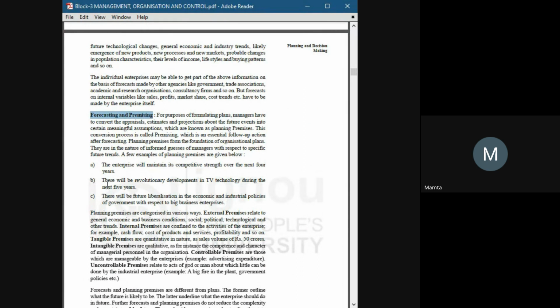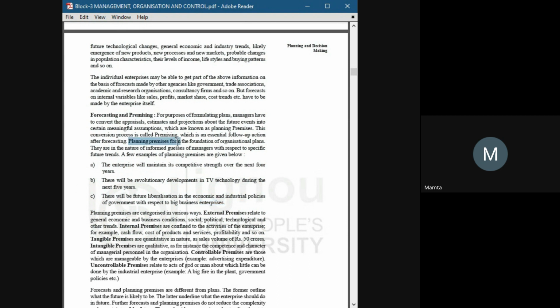There are some examples of planning premises, like: the enterprise will maintain its competitive strength over the next 4 years. There will be revolutionary development in TV technology during the next 5 years. There will be further liberalization in economic and industrial policy of government with respect to big business enterprises. So these are some planning premises for an organization.